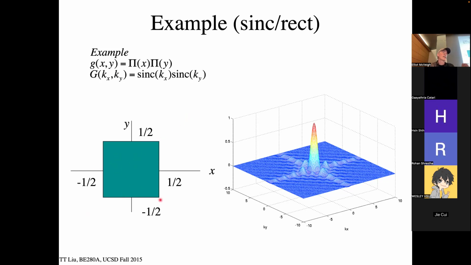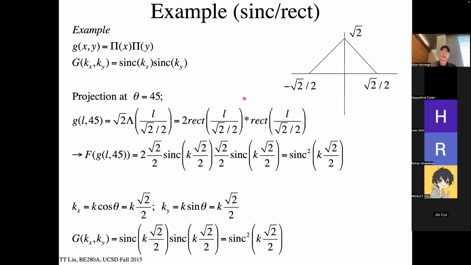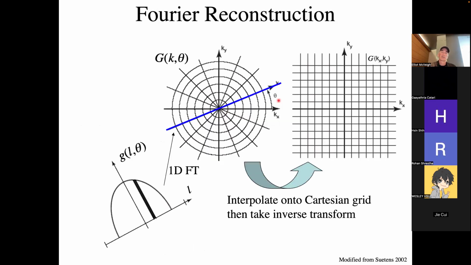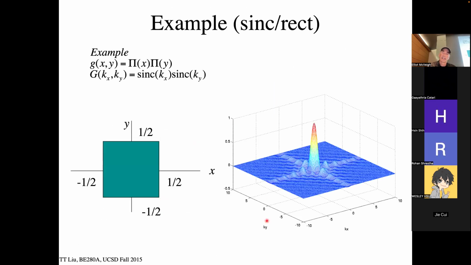Now I don't have a simple rect function anymore. With that integral, I have a triangle function. We can check whether the Fourier transform of the triangle function is the thing along this direction in the Fourier transform, and you can prove to yourself that that's true.